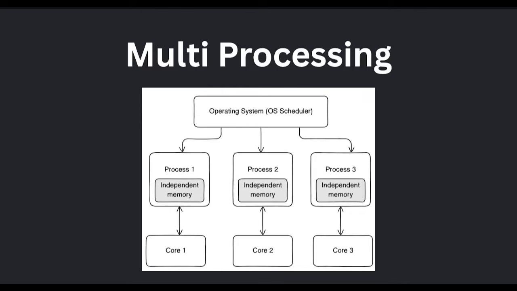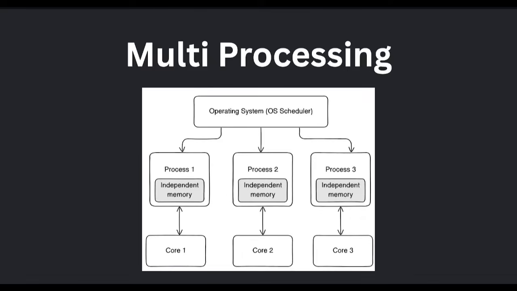In the context of Python multiprocessing, a process consists of an instance of Python interpreter, the program that defines the tasks, and every process is assigned a separate memory block, which is not shared with other processes.